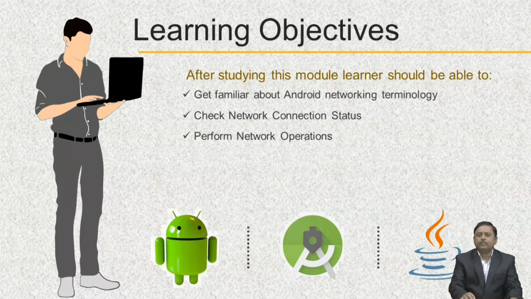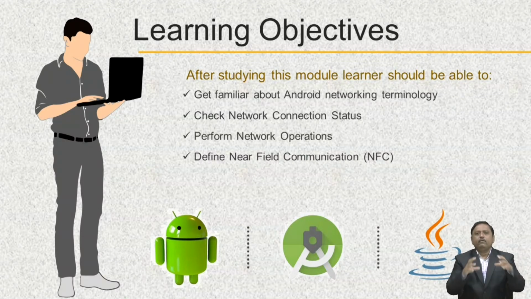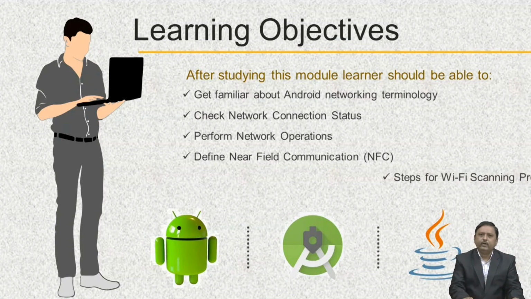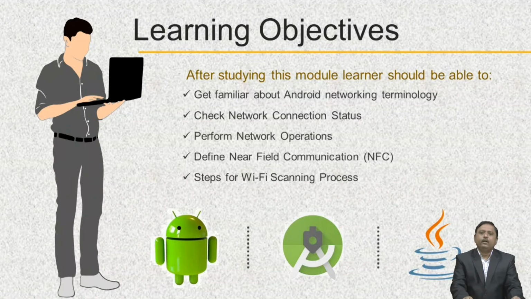They can also perform network operation, and one can define NFC, that is near field communication, and they can understand the steps for the Wi-Fi scanning process. Basically, there are three steps that we are going to learn in this session. And at the end, we will discuss briefly the TelephonyManager class.